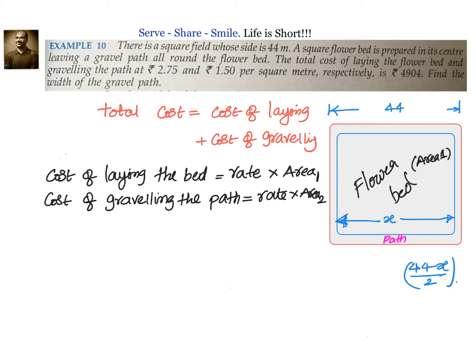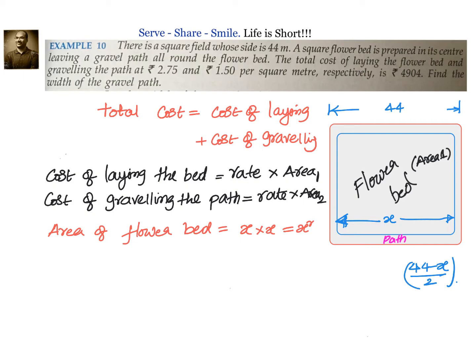So area 1 is actually the area of the flower bed. So we can write down area of flower bed is equals to, it's a square of side x, x into x, that is equals to x square.